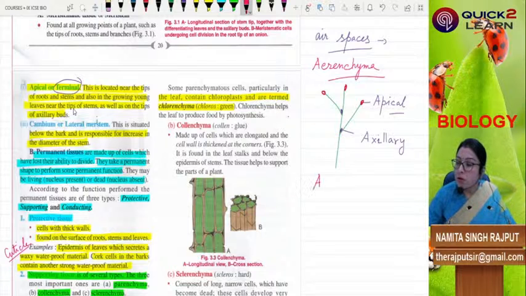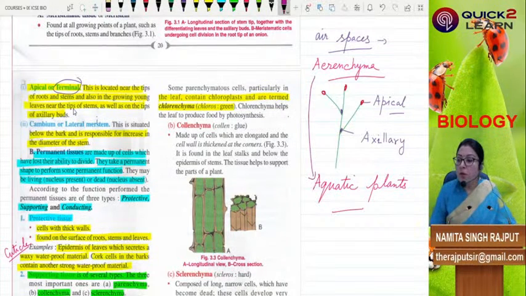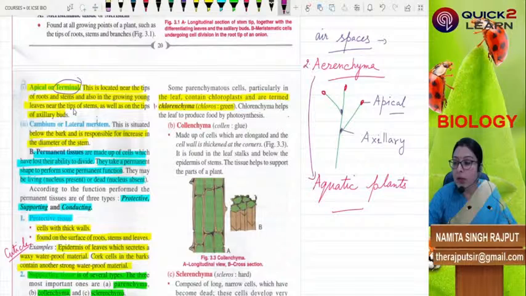These tissues are found in aquatic plants to make them light and enable them to float on water. So Aerenchyma are found in aquatic plants. So the two types of parenchymatous tissue are Chlorenchyma and Aerenchyma. Just remember these.